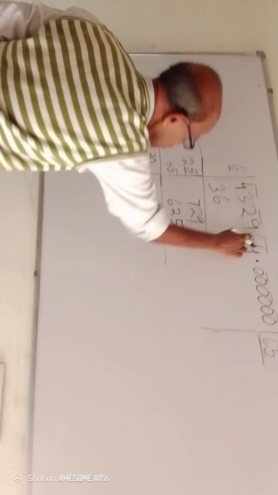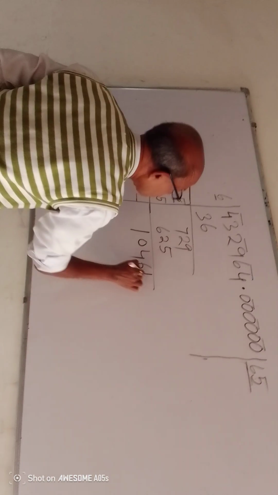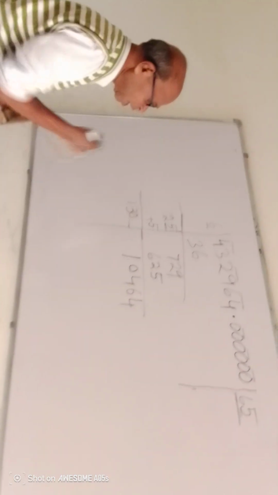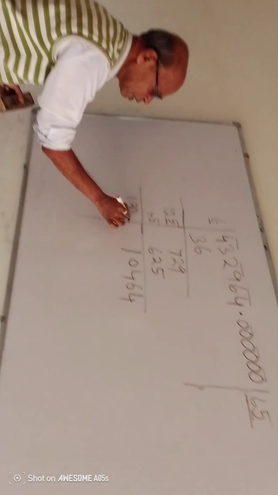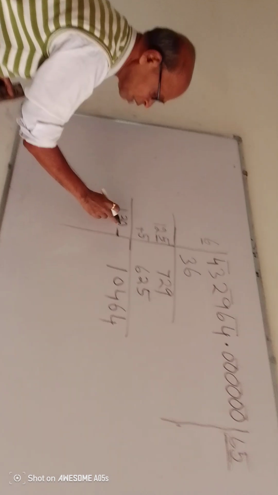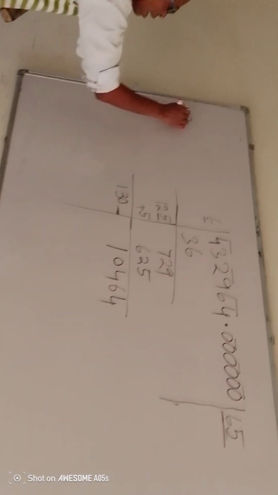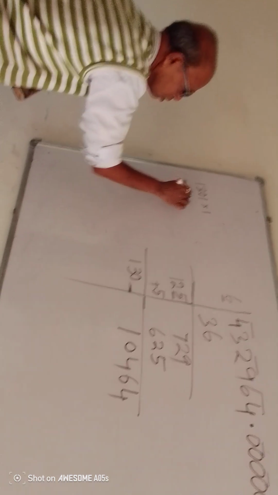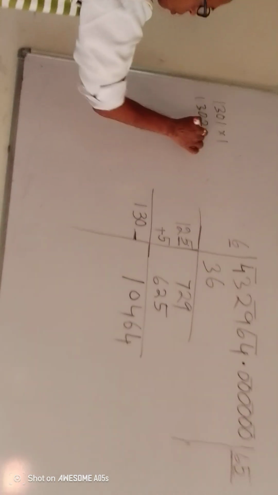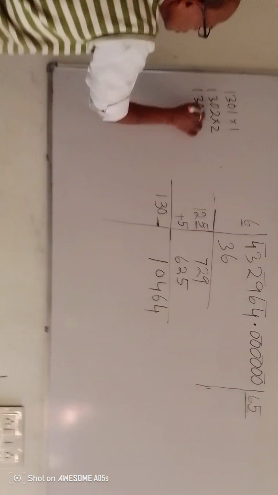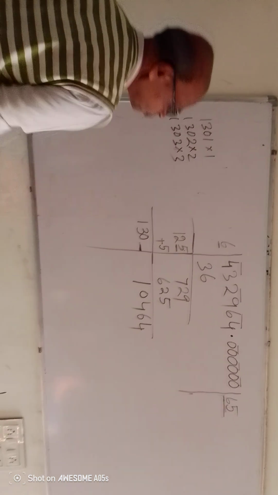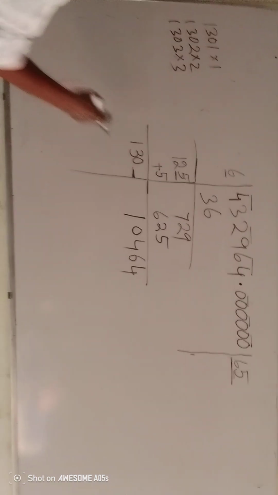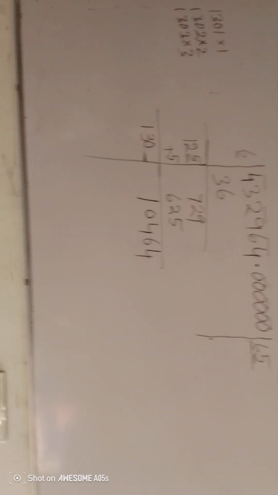Now you bring down this 64. Now the same process you have to continue here. Now what number will I put here? This is also a hit and trial process. 1301 into 1, 1302 into 2, 1303 into 3. In this way you have to proceed. Now how quickly can we find the number?